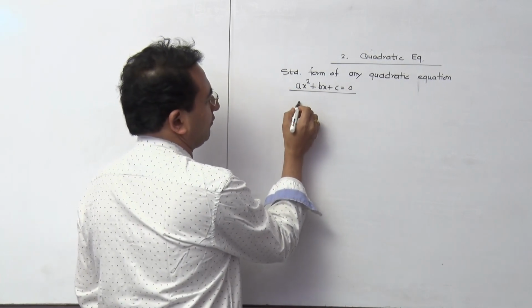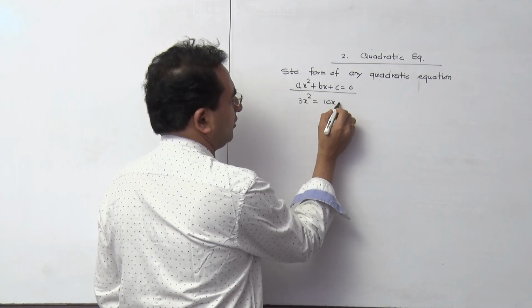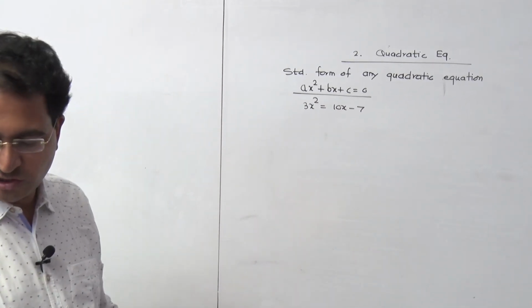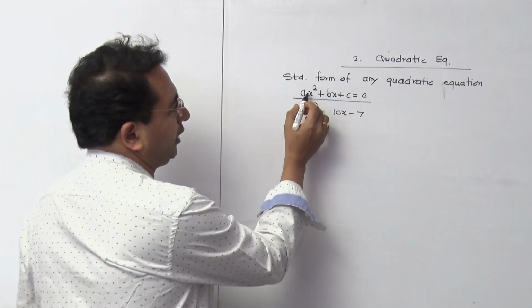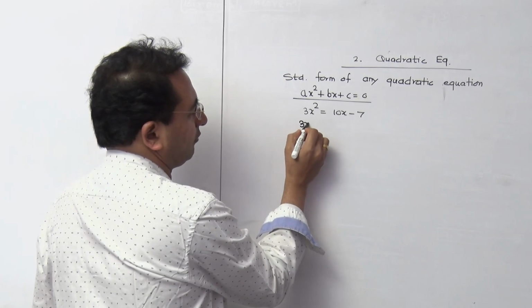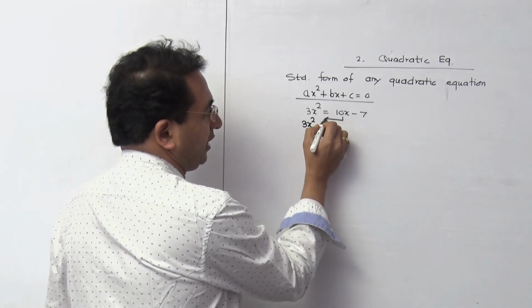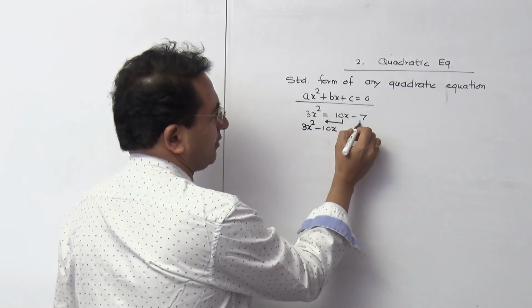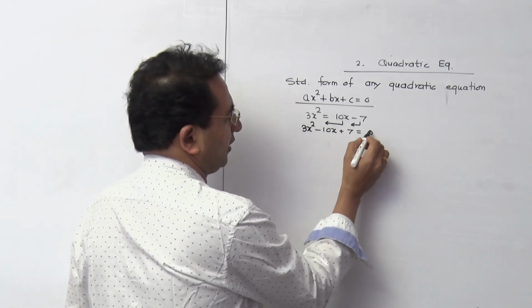For example, if I give you this 3x square is equal to 10x minus 7. Now if I ask you whether this equation is in the standard form, so this is not the standard one. So what we need to do is we have to write 3x square first. Then this 10x is definitely to be there on the left hand side. So it is minus 10x. And this 7 we have to transfer, so minus becomes plus, it is going to be plus 7.